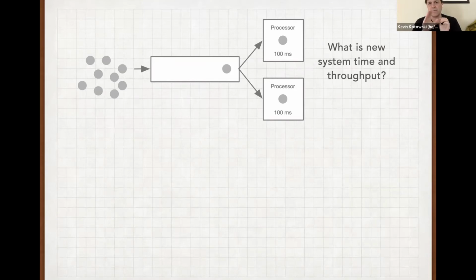So based on what this one looks like, what do you think the new system time will be for a single customer? And then what's the throughput for the entire system? So how many customers are going to be exiting per second? Feel free to just put it right into chat if you have an idea. Ron's got some thoughts. Anyone else?